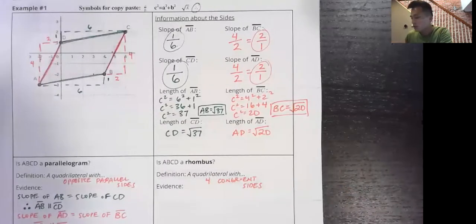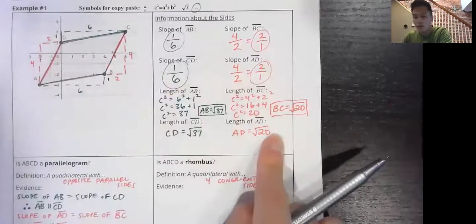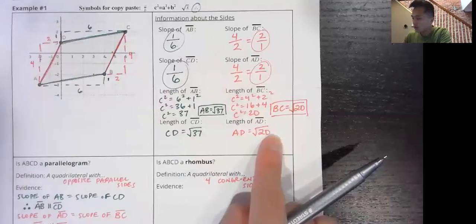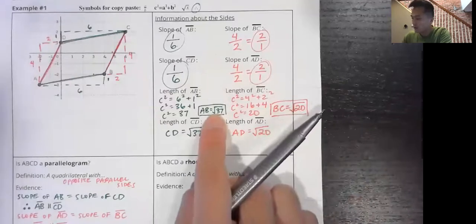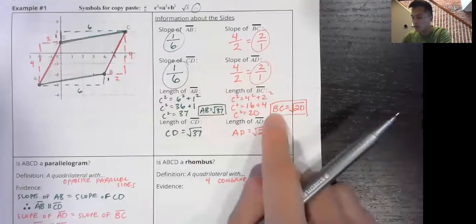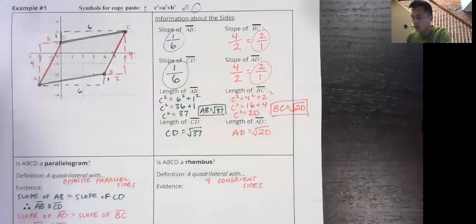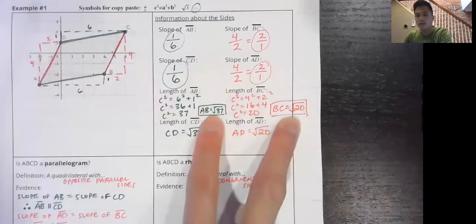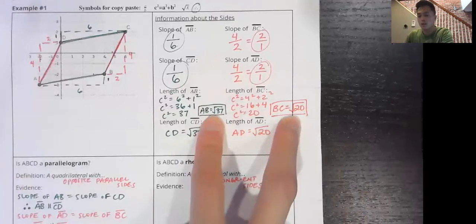Now in this case, if I wanted to prove that the 4 sides are all congruent, I would have to prove that the lengths of the 4 sides are all the same. But notice that if I just took these 2 sides, for example, length of AB, that's square root of 37, length of BC, that's square root of 20. So already I can see just by looking at these 2 sides that not all of the sides are going to be the same length.